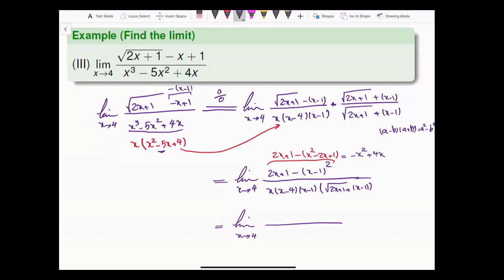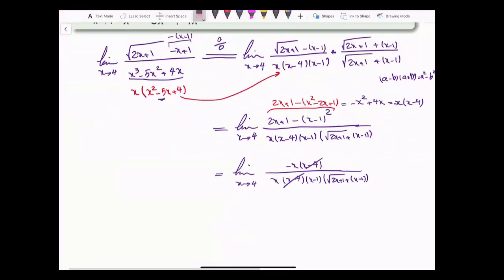Now I can factor out x, which gives minus x times x minus 4. So we have minus x, x minus 4 over x, x minus 4, x minus 1, and then root 2x plus 1 plus x minus 1. Now you can cancel the x minus 4s.